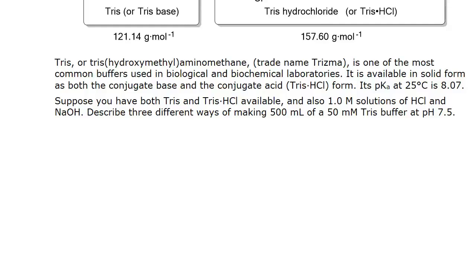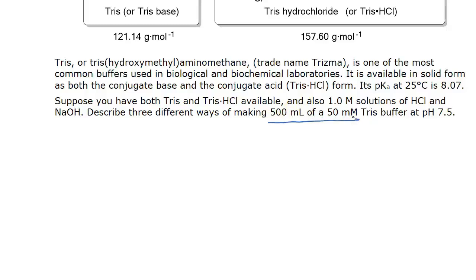Those are the 3 ways. For all 3 of those ways, you will need to know the total amount of buffer in the system, so let's start with that. This is how much you're making, 500 milliliters of 50 millimolar.